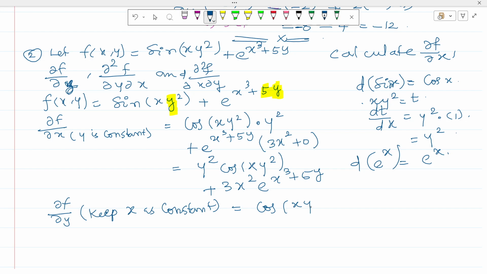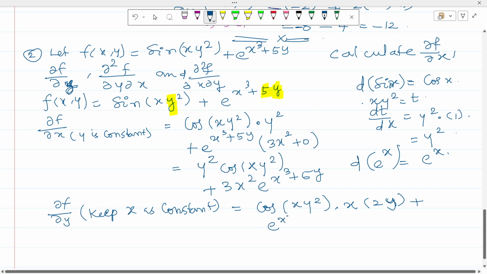Cos of xy square is not changing, but differentiation of xy square with respect to y, keeping x as a constant, differentiation of y square is 2y. Plus e power x cube plus 5y is the same thing, but differentiation of 5y is 5.